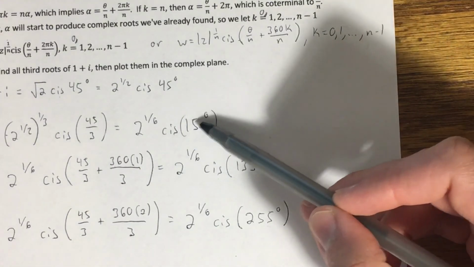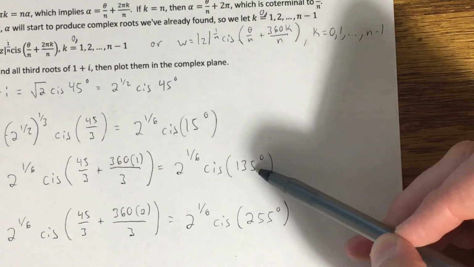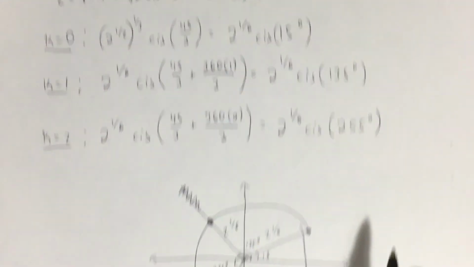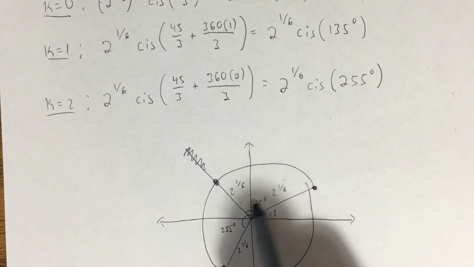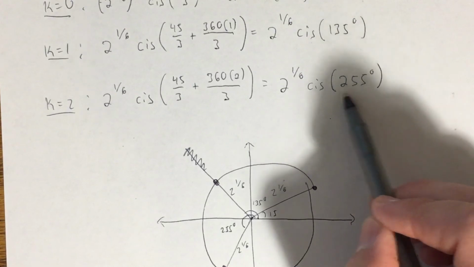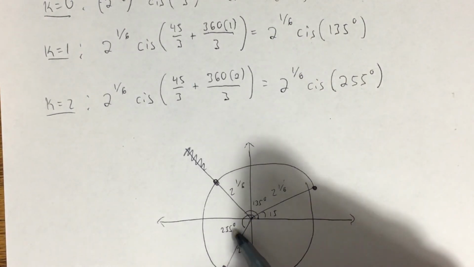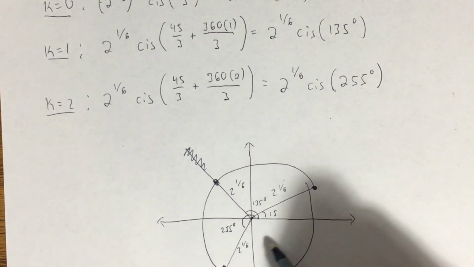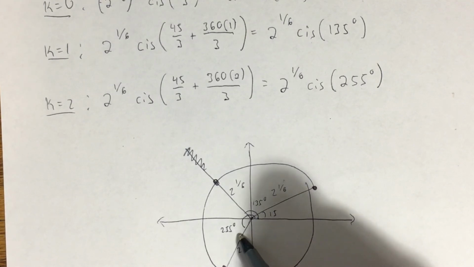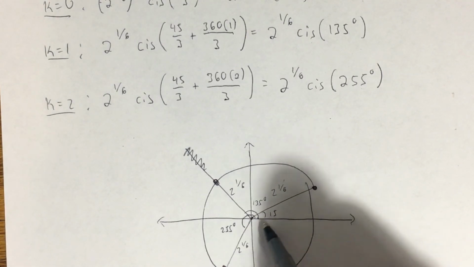So from 15 to 135 degrees, there's a difference of 120 degrees. That means there's 120 degrees from here to here. From 135 to 255 degrees, that's another 120 degrees. And then similarly from 255 degrees to what would be coterminal to 15, that's another 120 degrees.